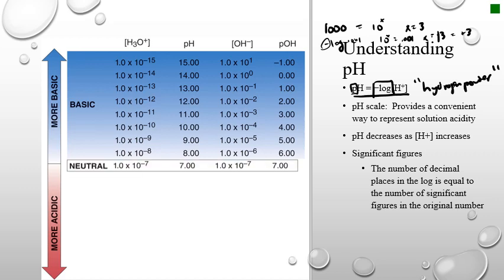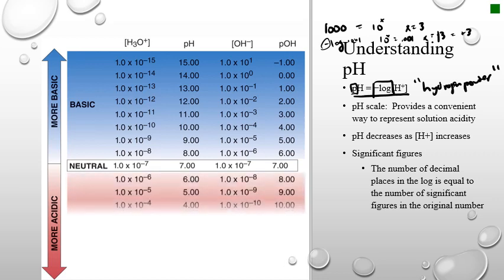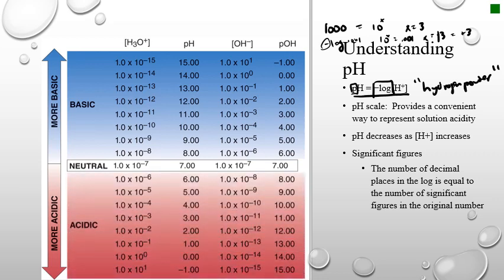And then when we have your basic solutions, you'd have a greater amount of OH minus, so we'd have a smaller amount of H plus, so therefore the pH would increase. You can see that graphically with this data table here. We also have the pOH. The pOH would just be the negative log of the OH minus ion concentration instead.